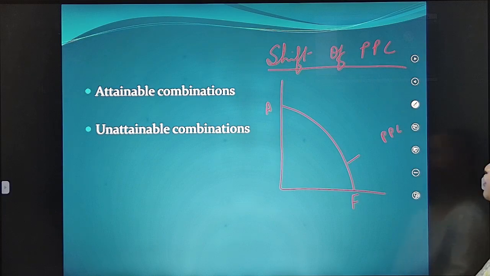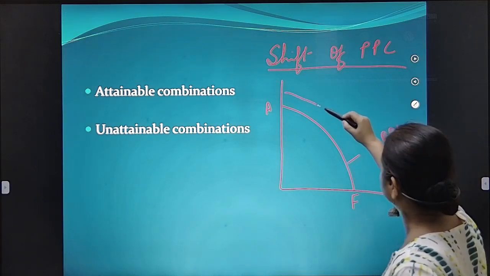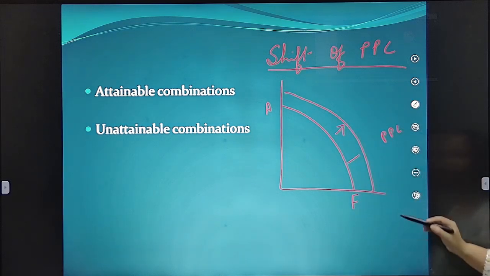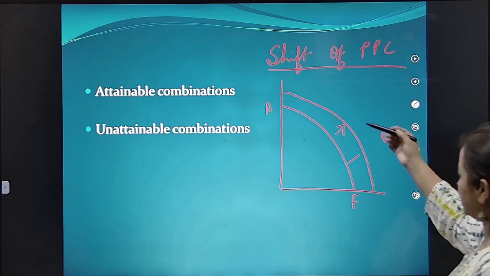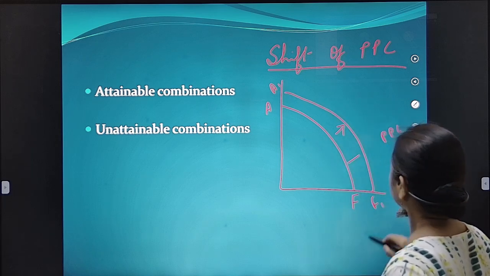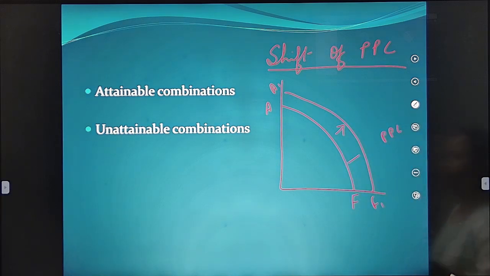So it may shift towards right. When PPC shifts towards right, a rightward shift, and it has become, suppose, A1, F1. When will it shift towards right? When there will be growth of resources and technology, there will be updated technology.